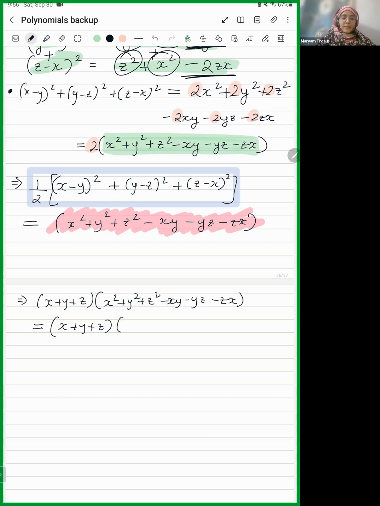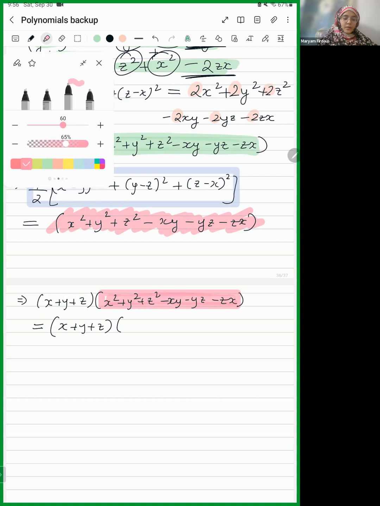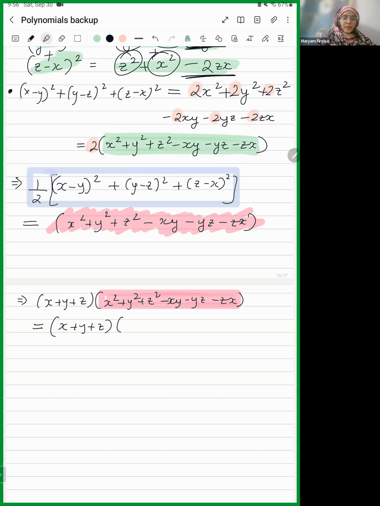We are replacing this thing with this one, the one in the purple color. So what does it become? Can someone tell me?